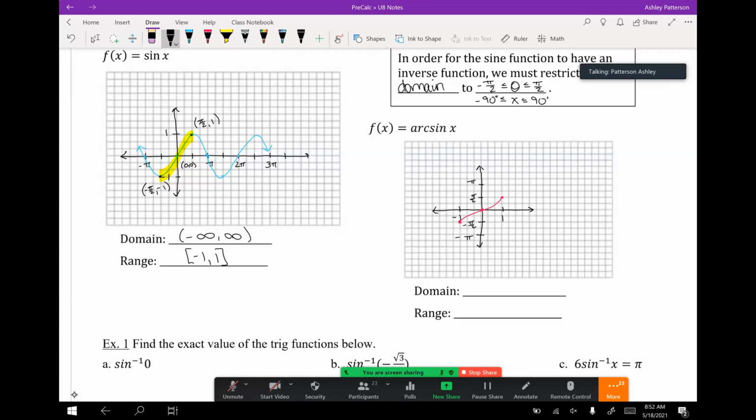So this range is now from negative pi over 2 to positive pi over 2 inclusive. Inclusive means brackets. We have closed points at those locations. The range for sine was negative 1 to 1, which means the domain for the inverse is going to be negative 1 to 1.